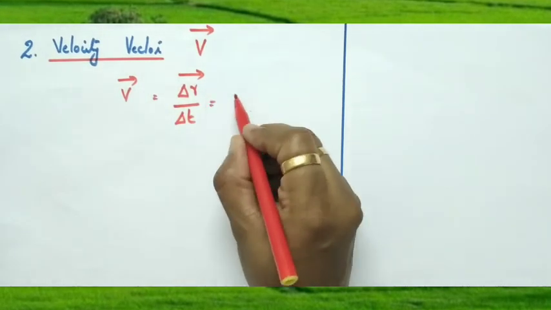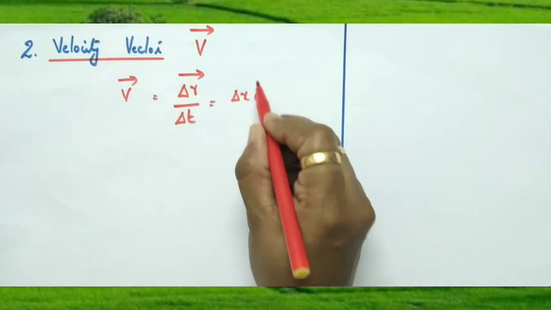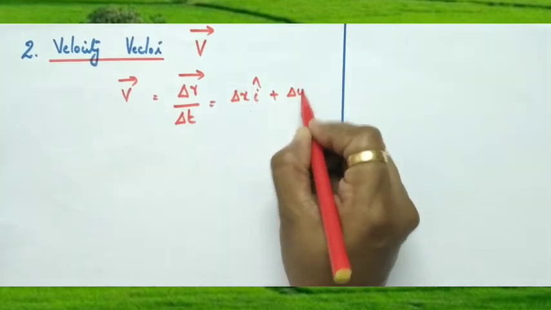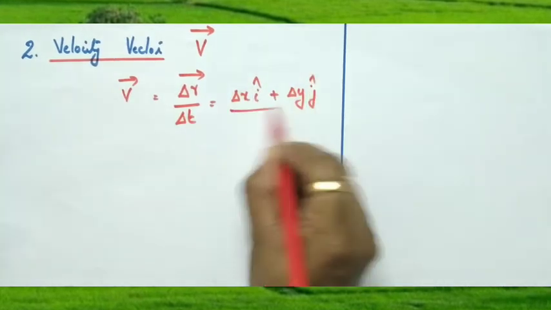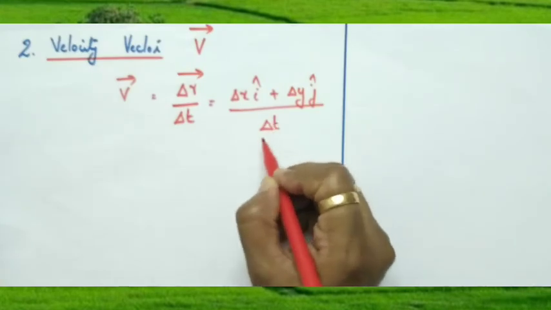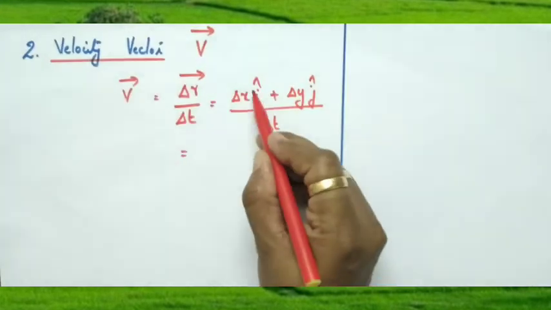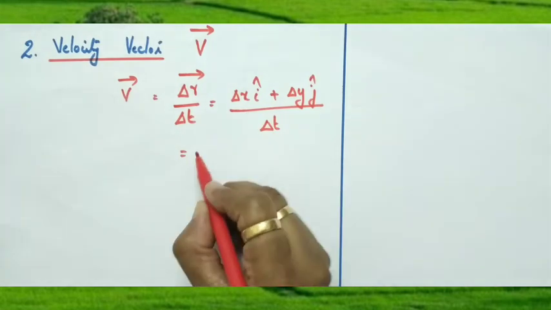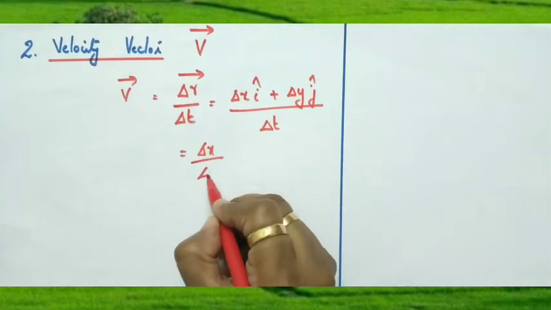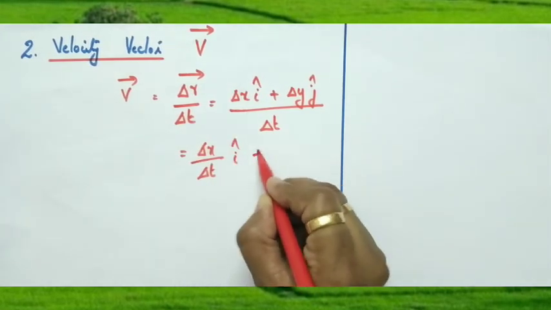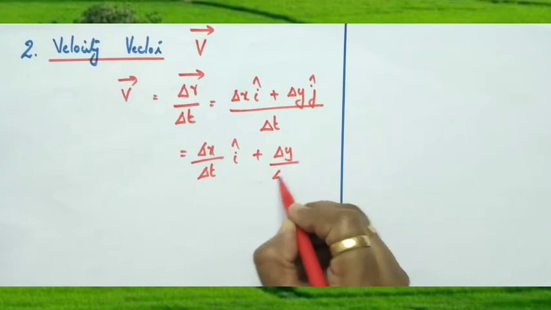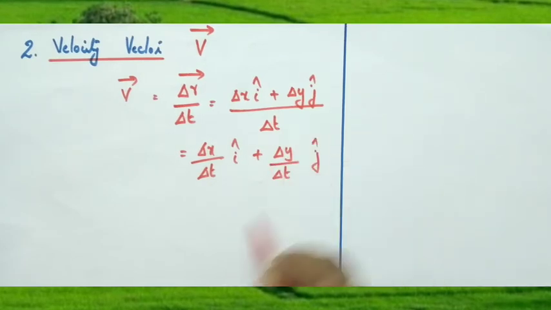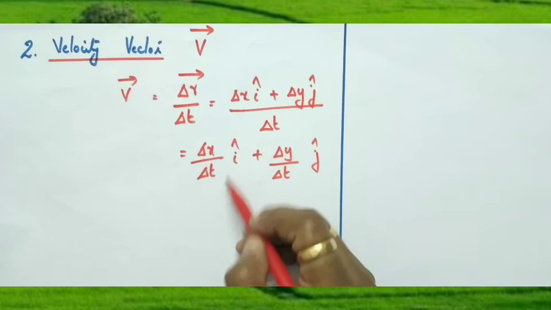What is displacement vector? We know that it is delta X I cap plus delta Y j cap divided by delta t. We can separate this delta t. So, delta X by delta t into I cap plus delta Y by delta t into j cap. What is delta X by delta t?